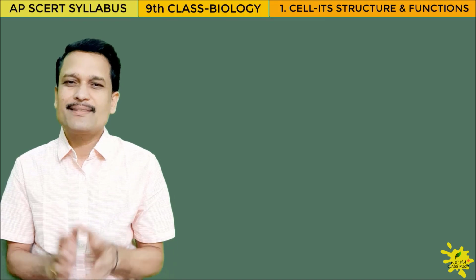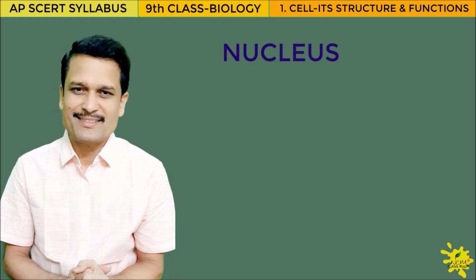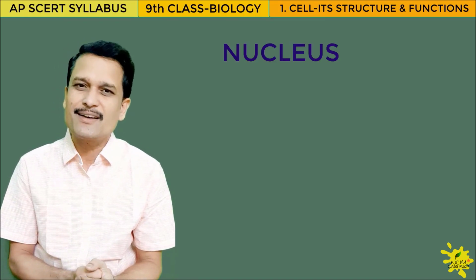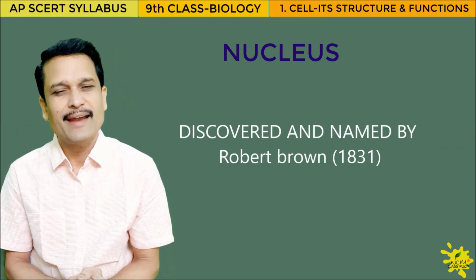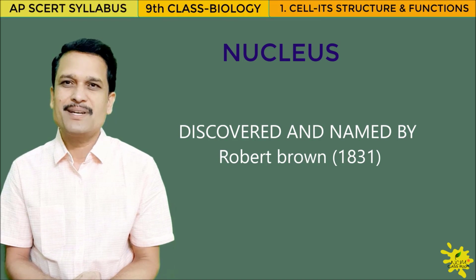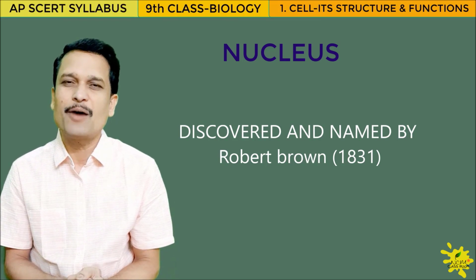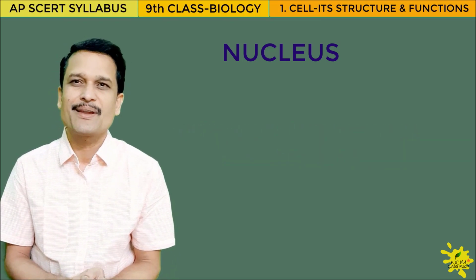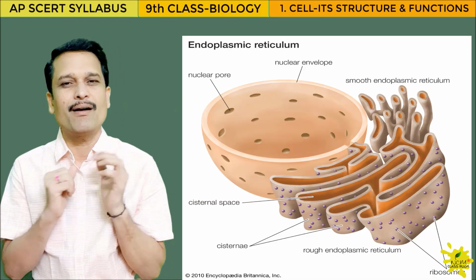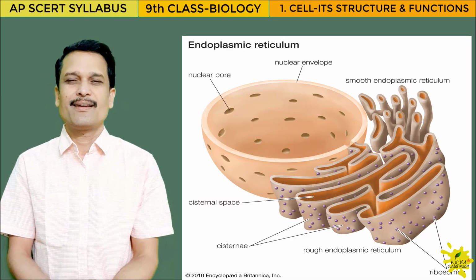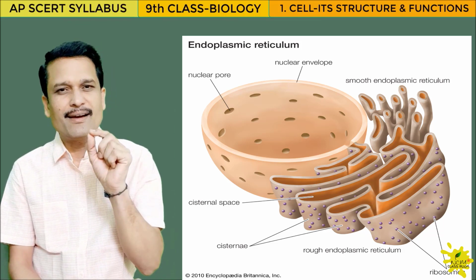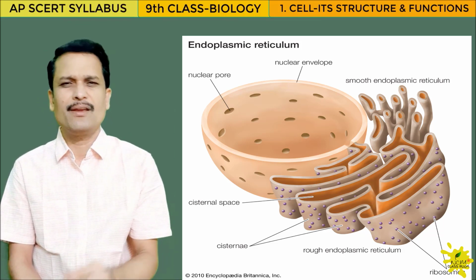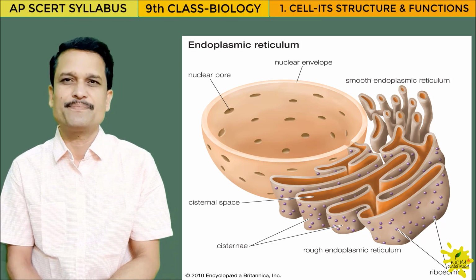Now, let us see the detailed structure of the nucleus. It was first discovered and named by Robert Brown in the year 1831, but he had no idea about its functions. It is one of the most important organelles. See the structure? It is clearly seen under an electron microscope, and also in a compound microscope.